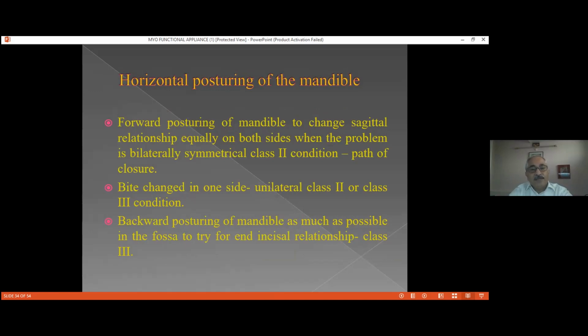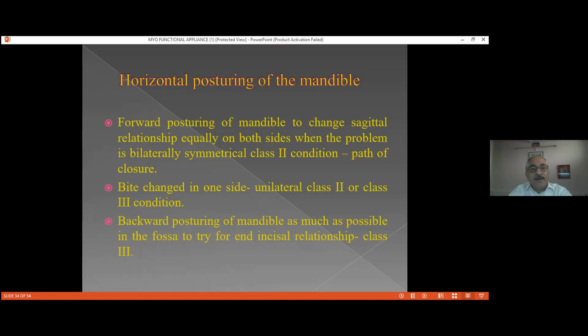That is, if on both sides you are getting a class 2 full cusp or a class 2 end on, then the symmetrical sagittal changes have to be assessed and the path of closure is assessed. Now, this has to be looked at before the bite registration is attempted.